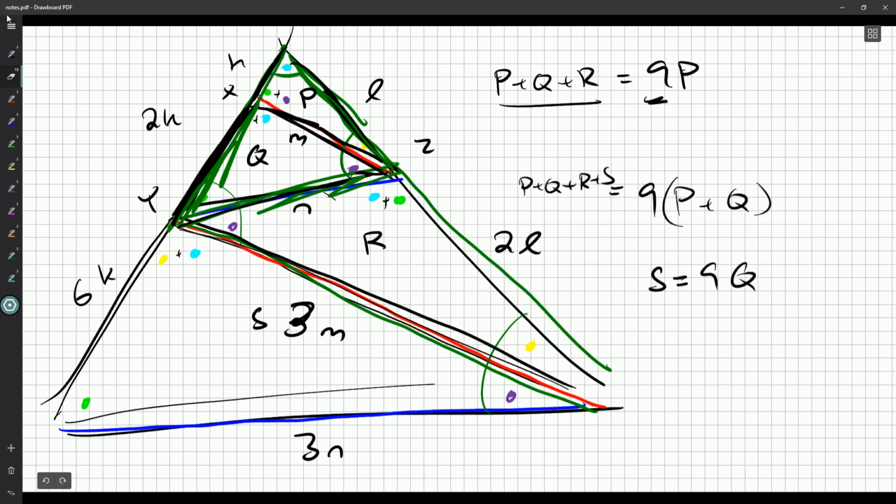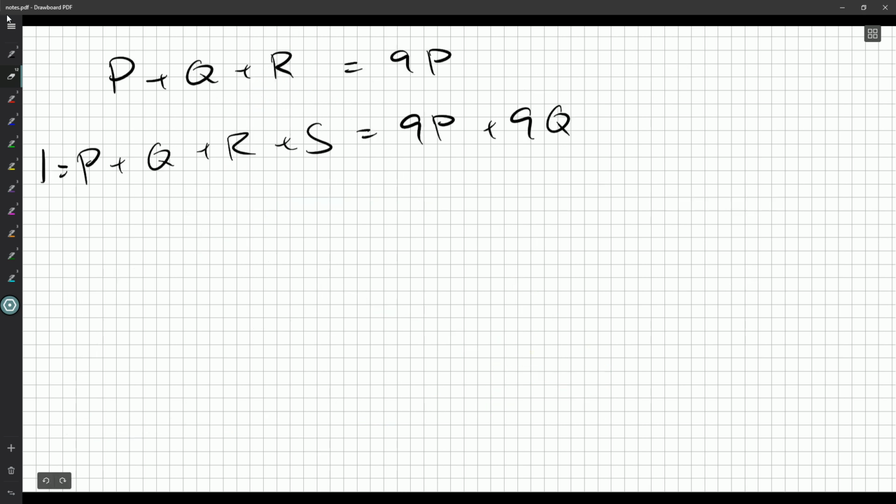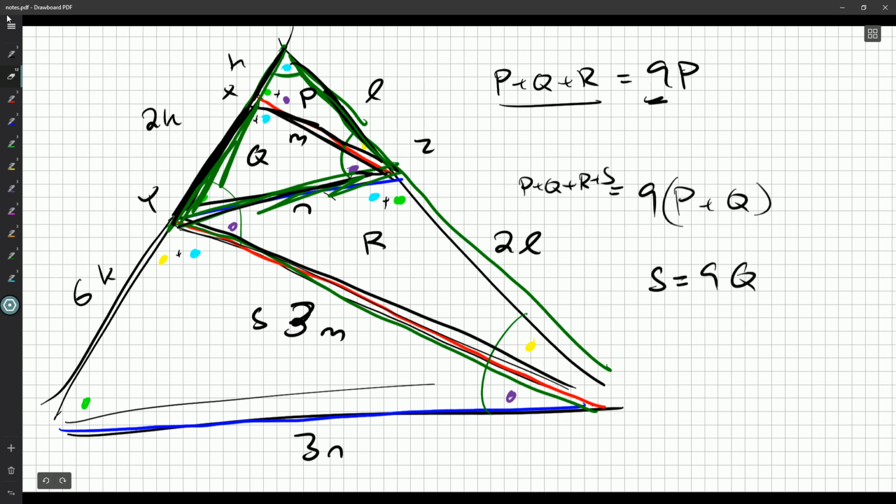There's something we're missing with R. Or is there another triangle that I'm missing altogether? So Q plus R is 8P. No, I know that.